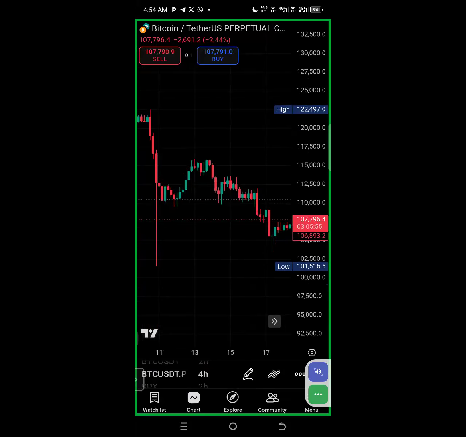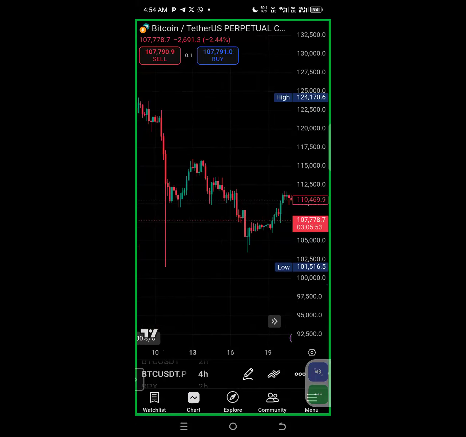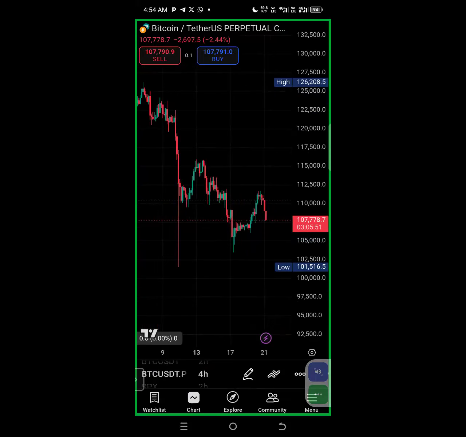Now, looking at this particular pattern on the chart, when we talk of support, you mean the price level where you can see that there are more buyers, or the buyers are strong. Do you get it?